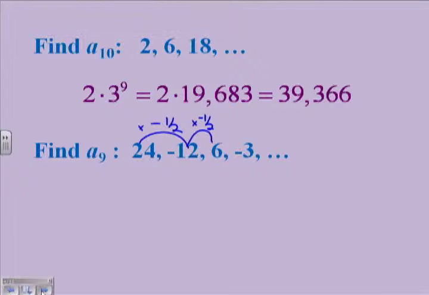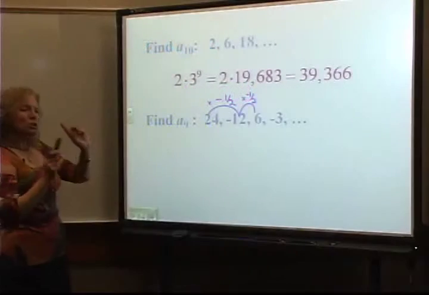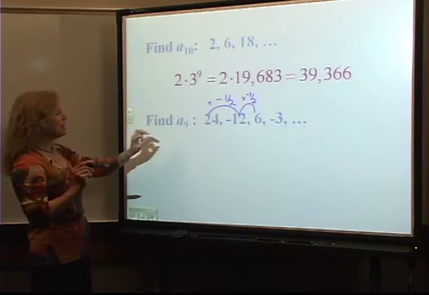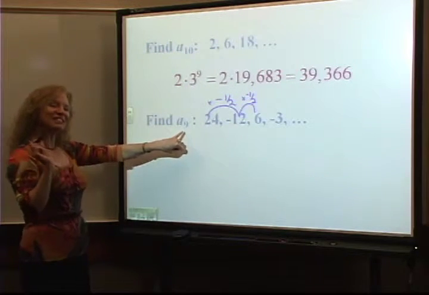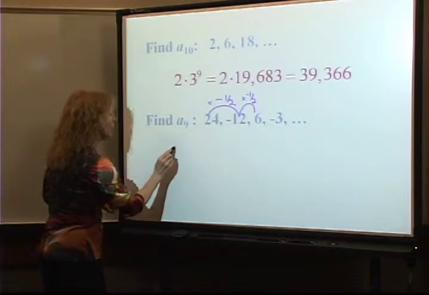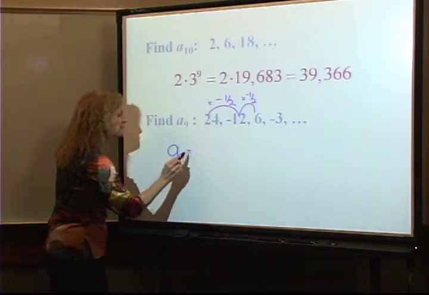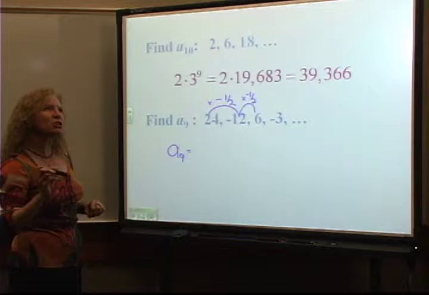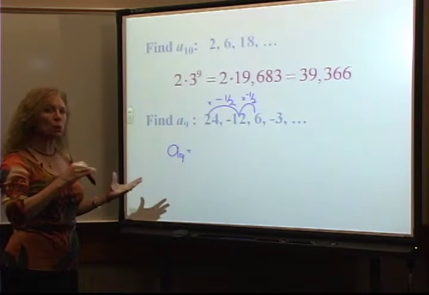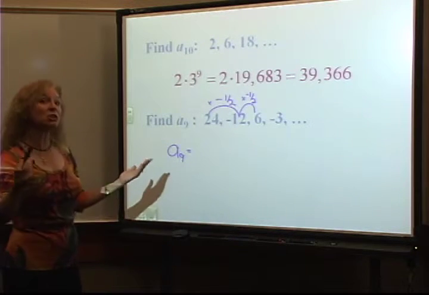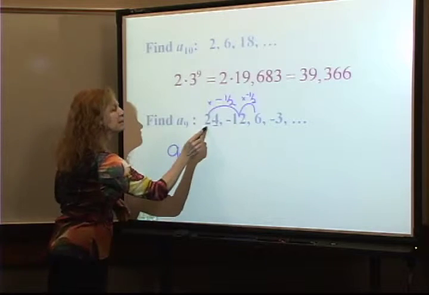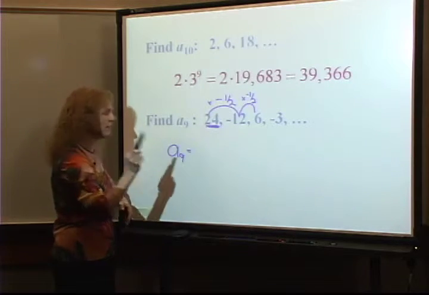There we go. Okay. So now that I know what the pattern is, I want to go to the 9th term. Okay, well, let's think about this. To get to the 9th term, I'd have to start where? Well, I start at the beginning. And the very beginning of this sequence is 24.